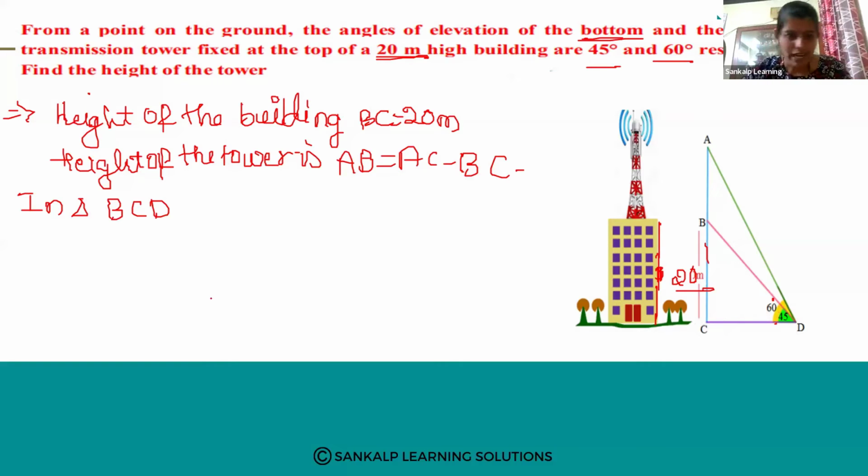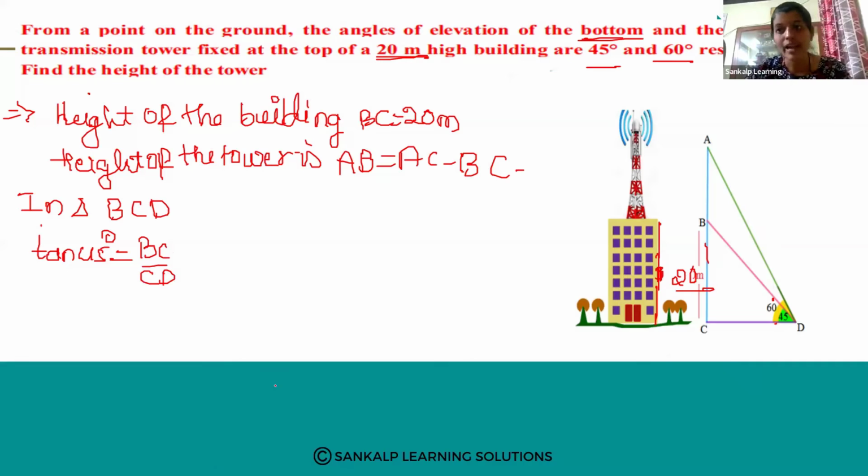So for that, tan 45 degree is equal to, theta value is 45 degree. So opposite side is BC here and adjacent side is CD. Right? So we don't know the CD value. We need to find out CD first. Okay. So for that, we will consider tan theta, BC divided by CD. So what is the value of BC?